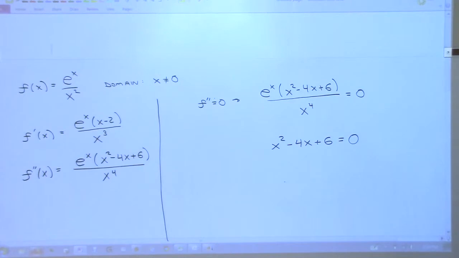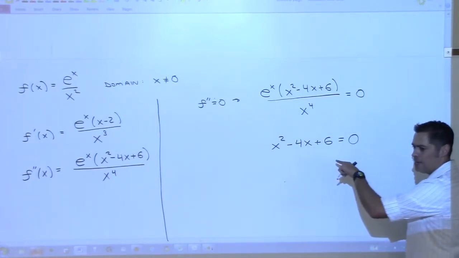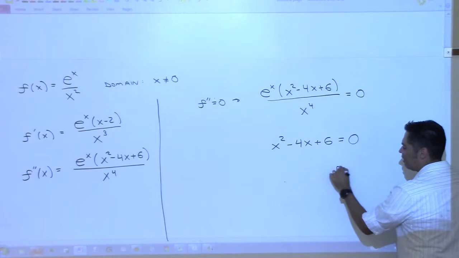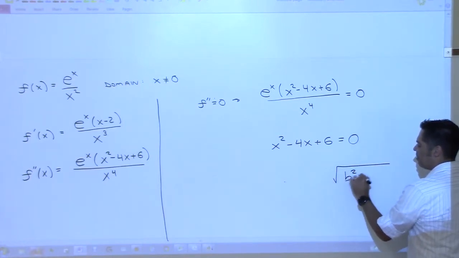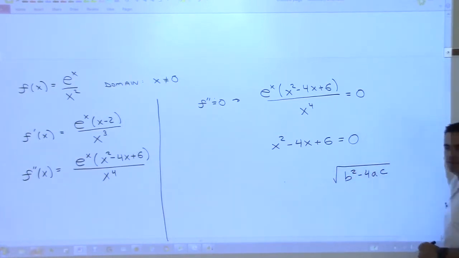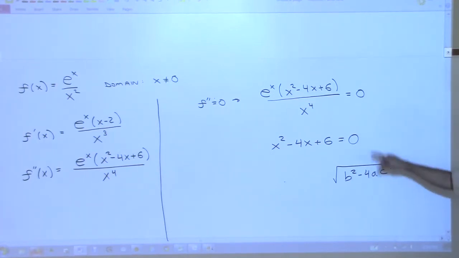So is that ever 0? Well, that's a quadratic, right? So you can use the quadratic formula. I'm going to do a real quick check to see if this has real zeros by just looking at the b squared minus 4ac part of the quadratic formula. If this turns out to be negative, I know that I don't have any real answers, right? Let's just check it real quick.